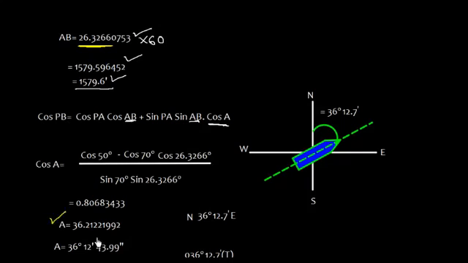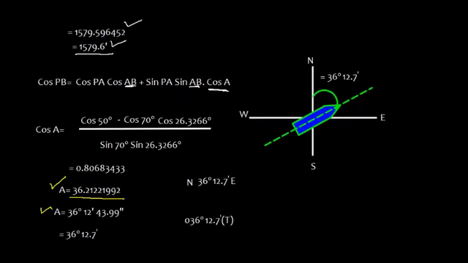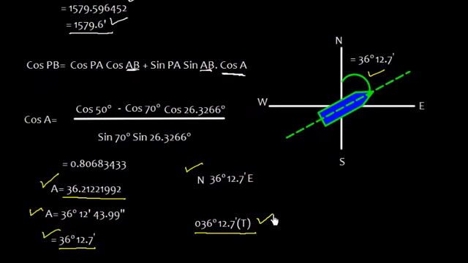So I get this angle A is equal to 36.2122, or in degree 36 degree 12 minute 43.99 second, and I can round off to 36 degree 12.7. So if this is the ship, this angle is 36 degree 12.7. I can name it as north 36 degree 12.7 east, or simply 036 degree 12.7 true.